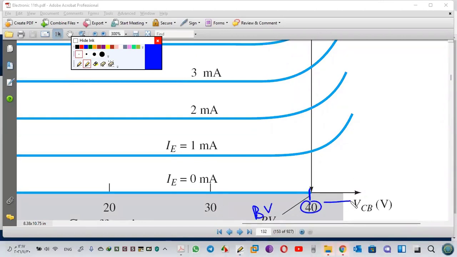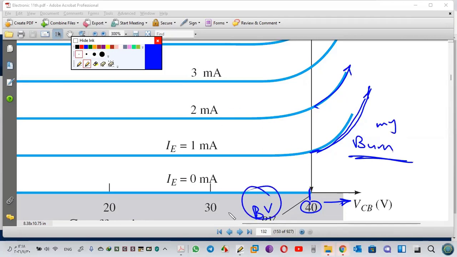If I increase the current over this, the current in the transistor will increase rapidly. After that, my transistor will stop working. So you have to work before the breakdown voltage.